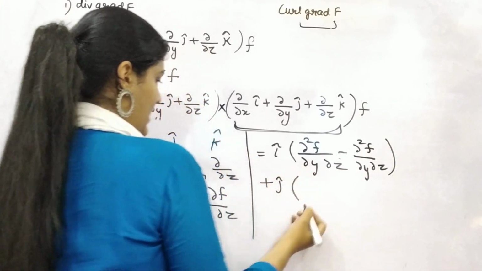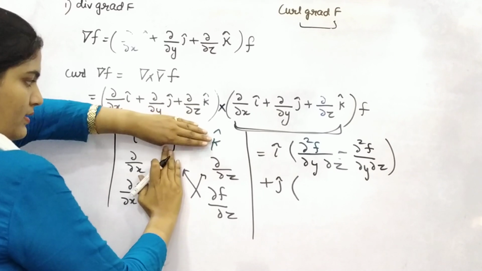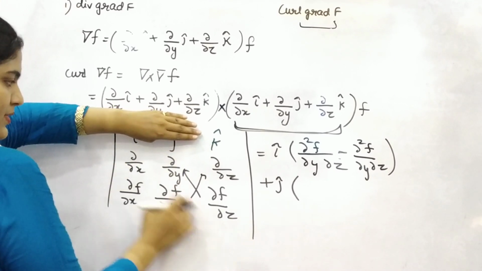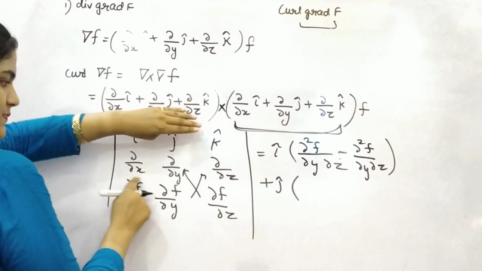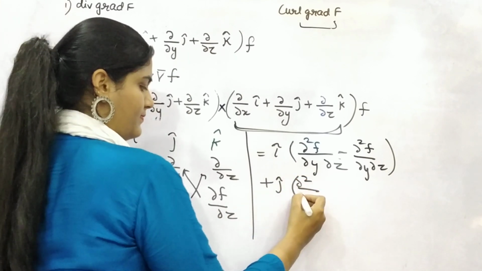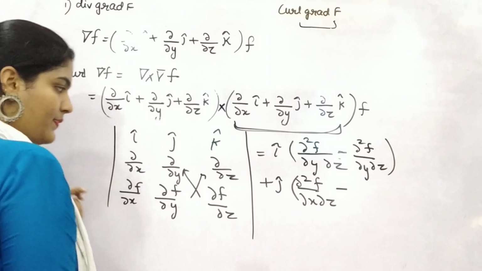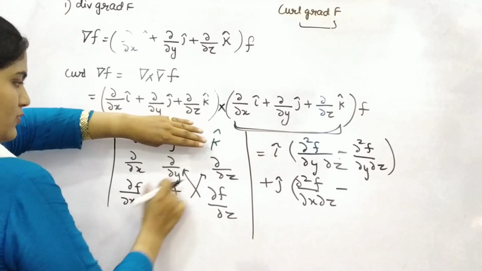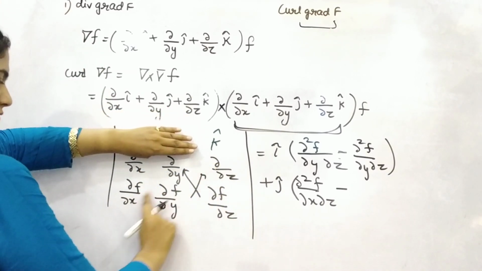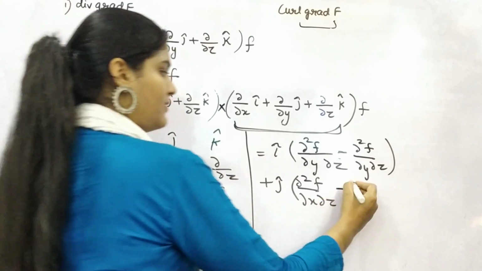Similarly, j: hide this, double differentiation of f with respect to x and z, right? Minus is in the formula. You are hiding j, so the second part is double differentiation of f with respect to x and z.